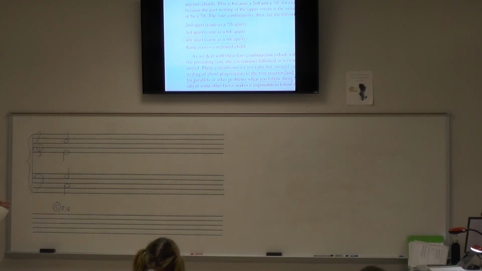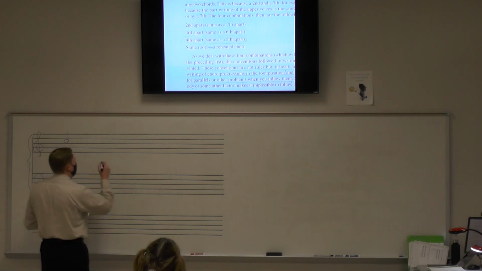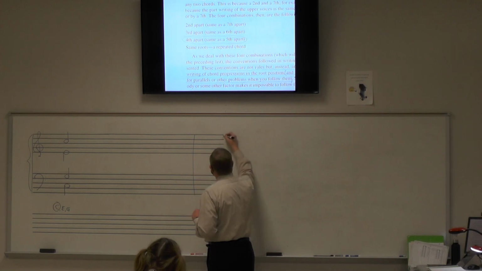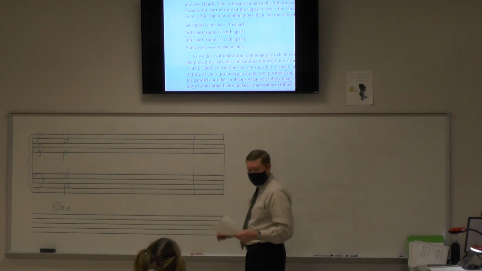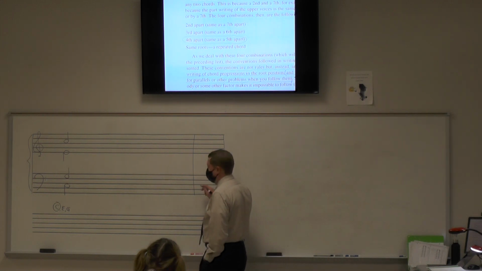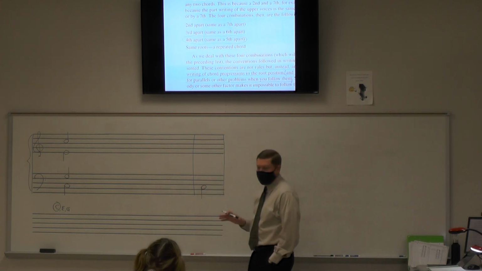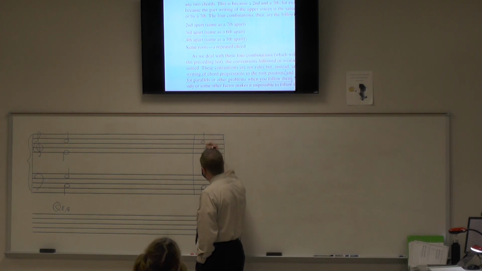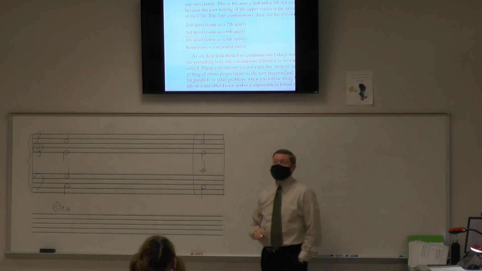Now, there is one exception to the doubling rule. Well, there's one exception to basically everything I just said here. Let's say, for instance, that you're at the very end of a passage that you're part writing, or the very end of some kind of exercise or problem that I assigned for homework. For the very last chord of a passage, a problem or an exercise, you are allowed to triple the root, and you're allowed to leave out the fifth of the chord.